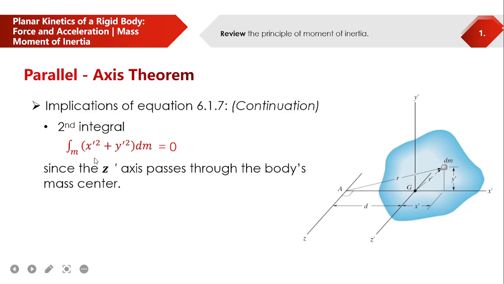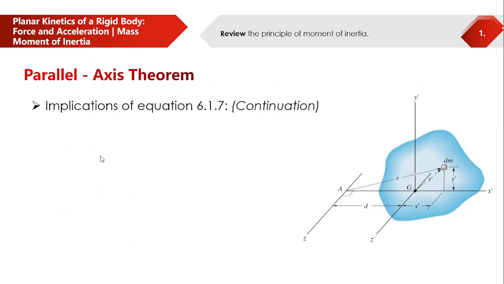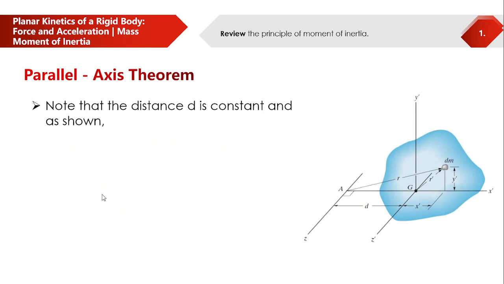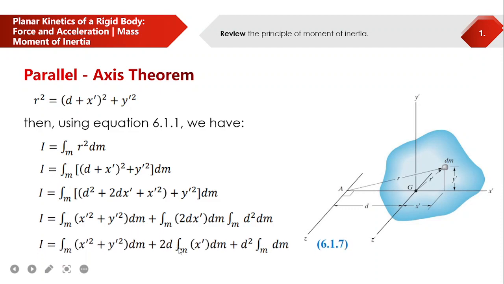Because this is just z prime, right? So this is actually not the, no, this is wrong. Actually, this is not the second integral. The second integral is the integral of 2d x prime dm, not this one, because it is I sub g to begin with.